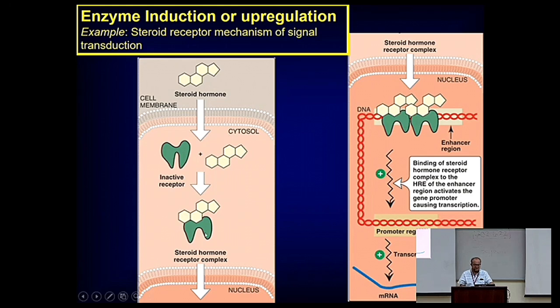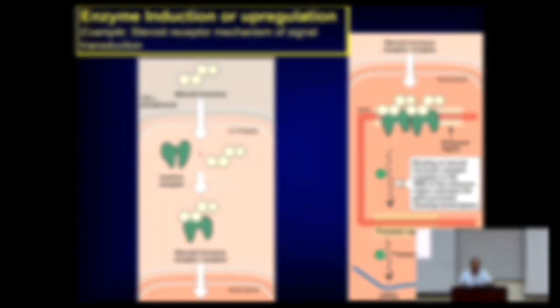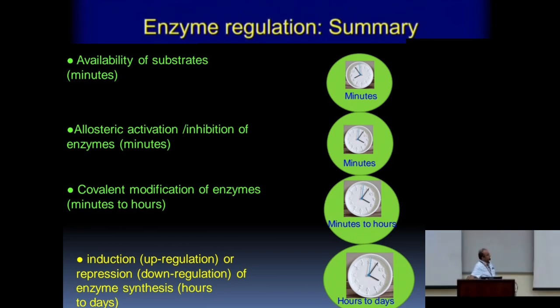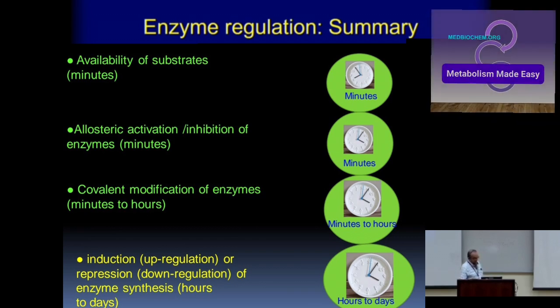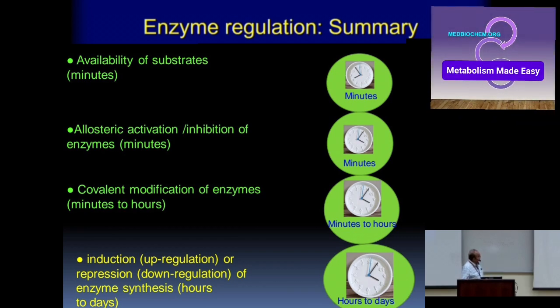Okay, so as I mentioned, this is the slowest of all enzyme regulatory mechanisms. So this is really kind of a quick summary, but don't worry too much about this middle part. Just allosteric regulation and covalent modification are pretty fast, happening within minutes. The last one, upregulation and downregulation, typically takes hours to days.